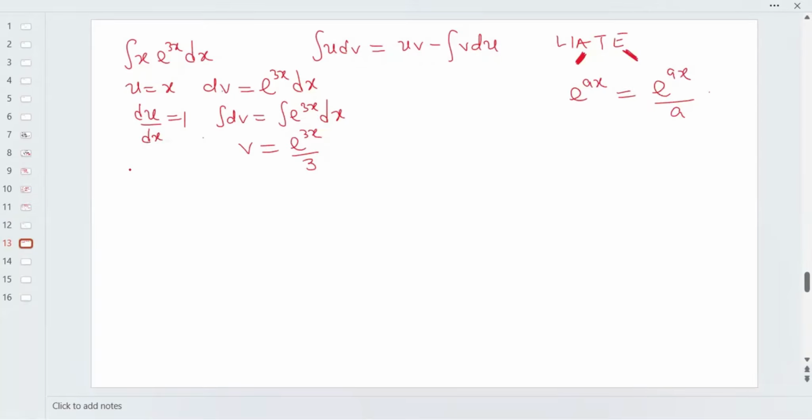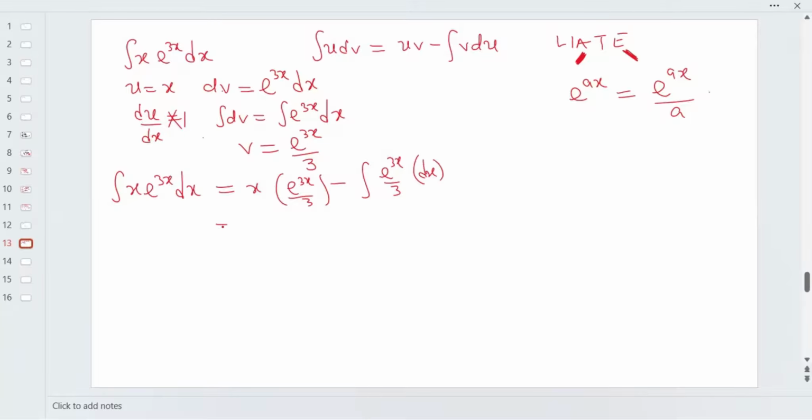Substituting that back, the integral of x exponential 3x dx equals u, which is x, times v, which is exponential 3x over 3, minus the integral of v, which is exponential 3x over 3, times du. Cross multiplying, du equals dx, so I put dx.